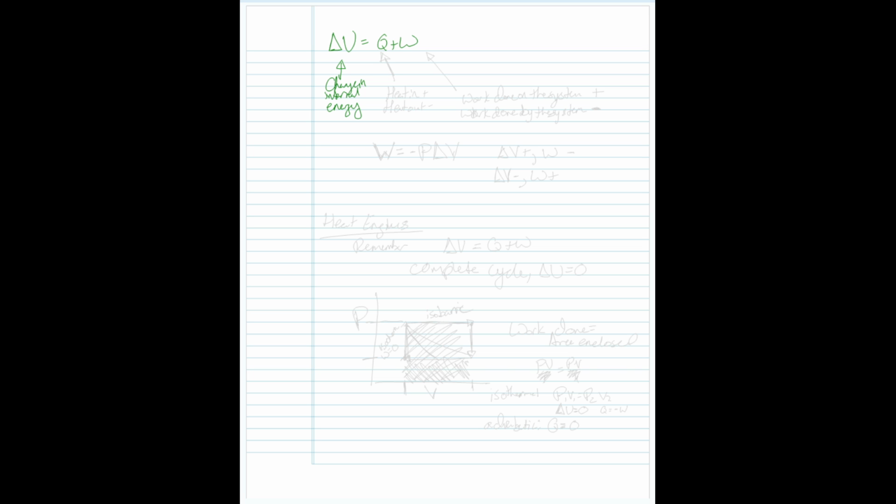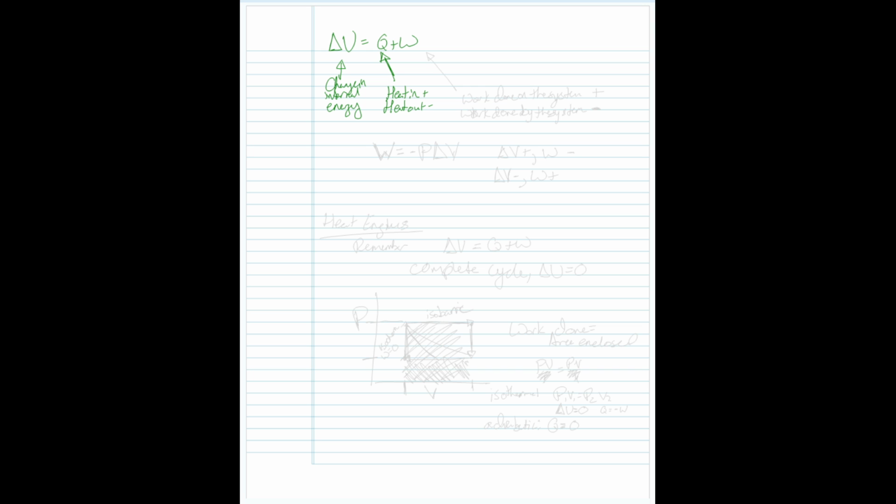Change in internal energy can represent the change in kinetic energy, the change in temperature, but also the bonds that exist between the particles in the material, the attractive forces there. Q is the heat: heat in would be positive, heat out would be negative.